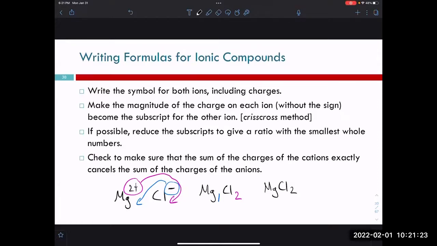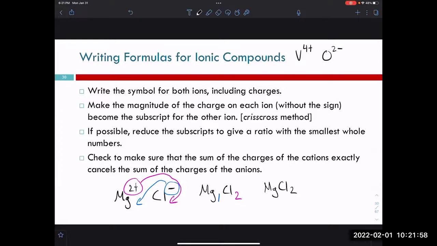I'm sure we'll get an example. The next step would be to reduce the subscripts to give a ratio with the smallest whole numbers. So that means if you get something like, let me think of an example. Well, vanadium can have a 4+ charge, and oxygen is a 2- charge.